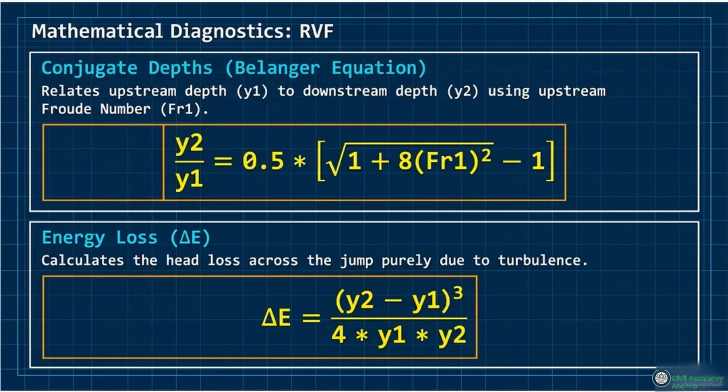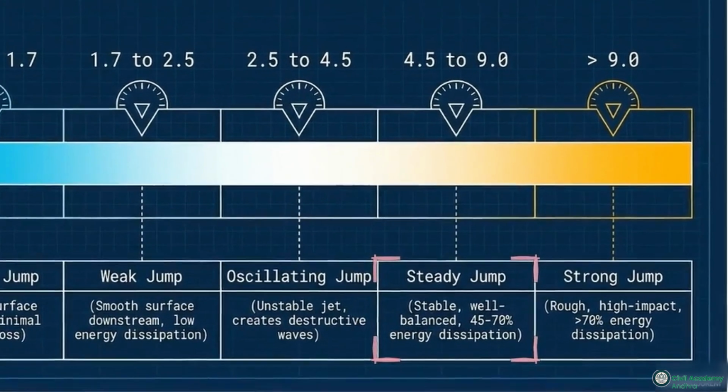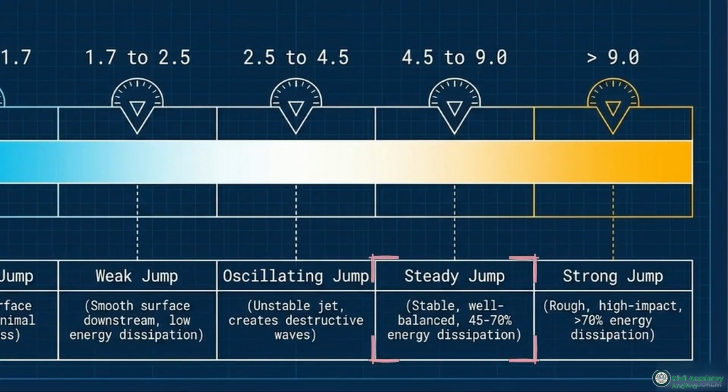This formula box shows how to calculate the pure head loss, delta E, caused by this turbulent transition. The Froude classification gauge shows how the jump's destructive potential scales directly with the upstream Froude number. Engineers target the steady jump range between Froude numbers 4.5 and 9.0 when designing stilling basins for energy dissipation.